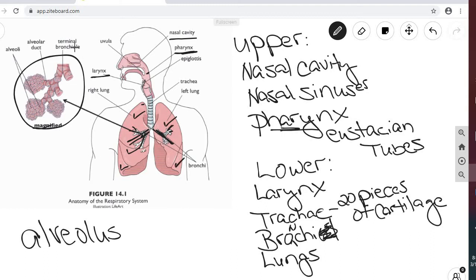And the reason for that is because your heart is not placed right in the middle of your chest. It sits more to the left side, and so there's not as much room on the left side, so the left lung only has 2 lobes instead of the 3 lobes that we see on the right side.